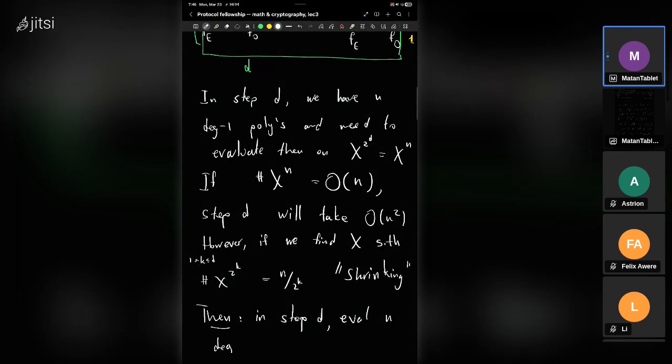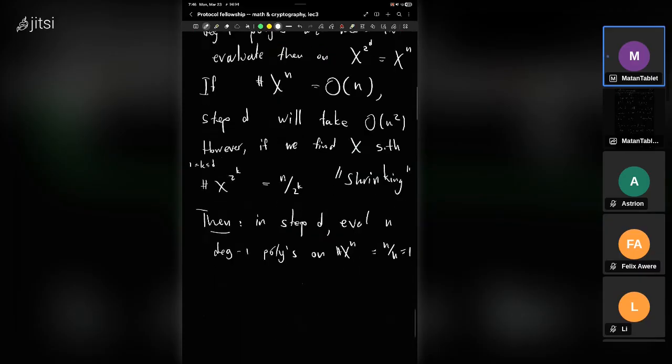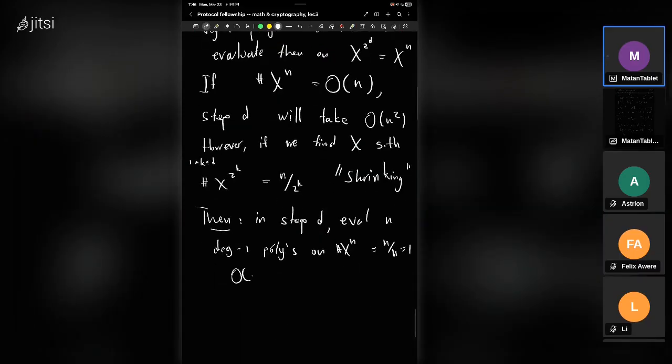So you just plug in the value x on a set of size n over n, which is 1. So only on one element. So this is complexity O of n.